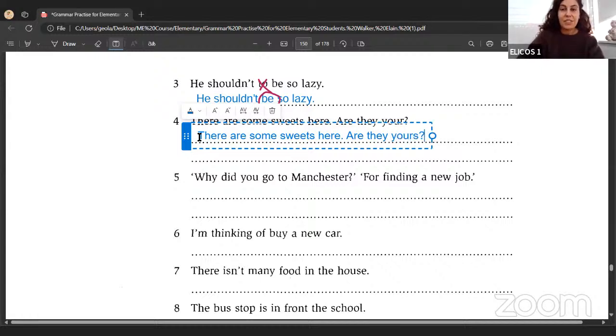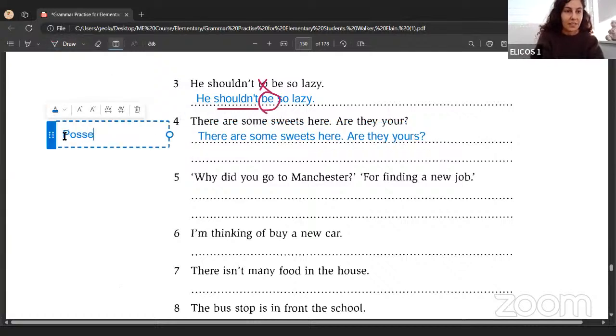Yours. Using "your", you've got to look back at your possessive adjectives or your pronouns.